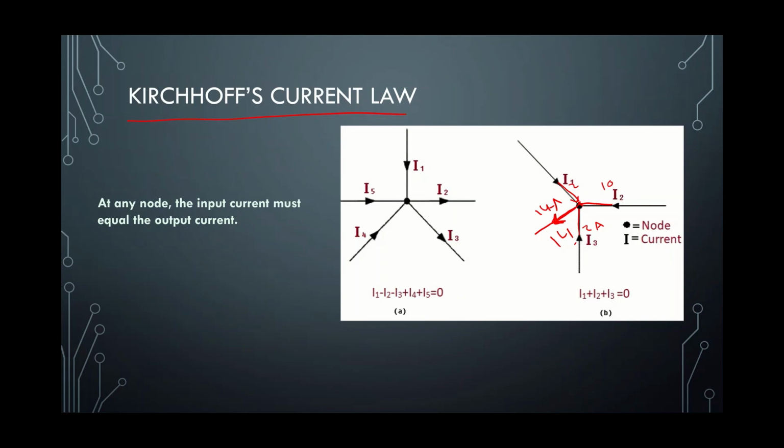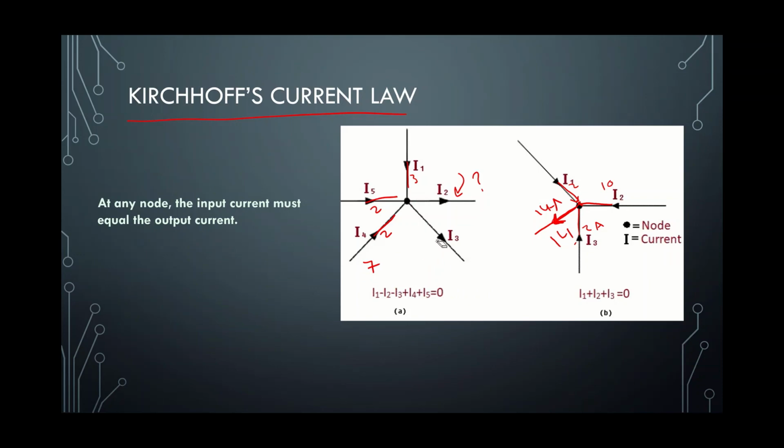So let's do just a quick example here. If we have here 2 ampere, 2 ampere, 3 ampere, 10 ampere. What is the amount of current here? We can see that 2 entering, 2 entering, 3 entering, the total is 7.